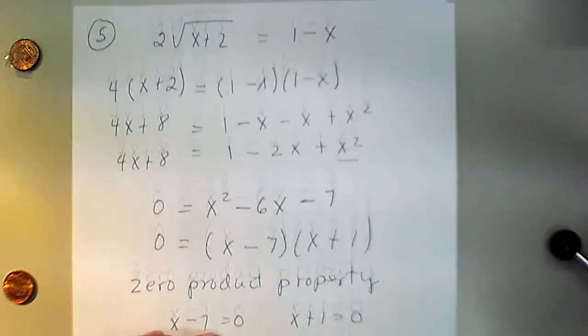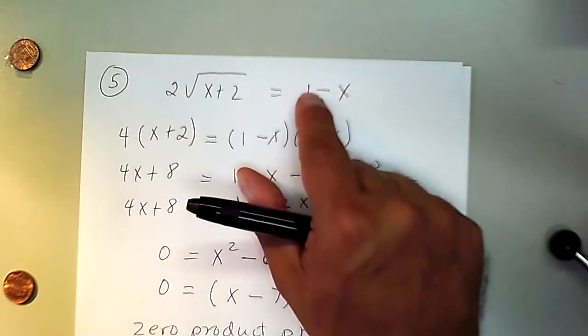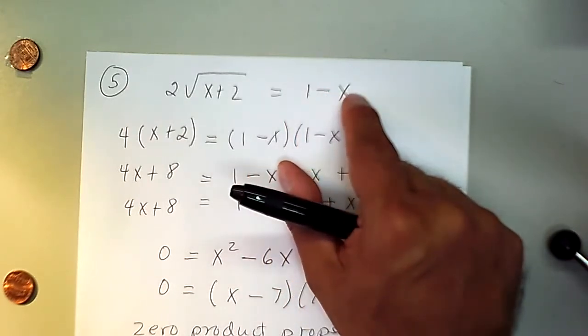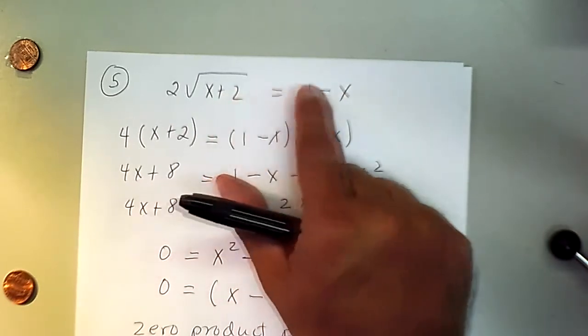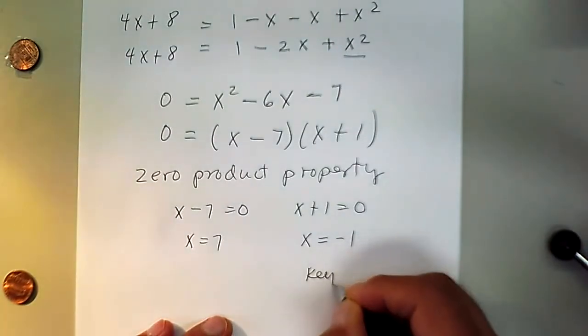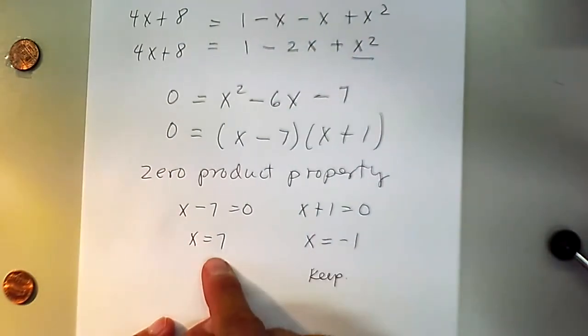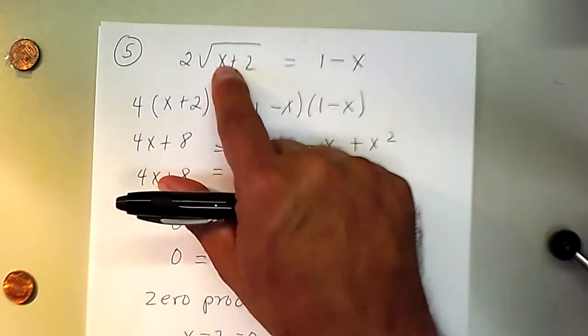Again, if x is -1, 1 minus -1. Now keep that in mind. 1 minus -1 is also 2. So we have a match. 2, 2. So that guy is a keeper. Does that mean this is a keeper? Well, we don't know. We don't know until we do this.